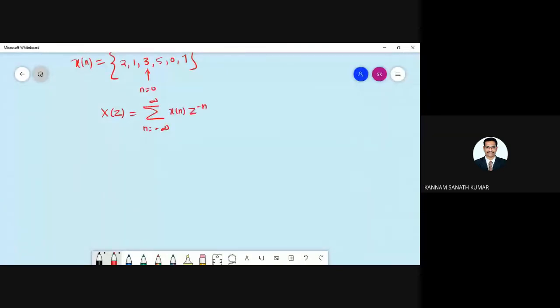Okay, so you write this one. n equal to minus 2, minus 1, 0, 1, 2, 3.